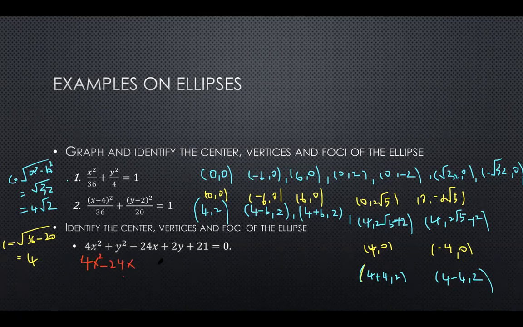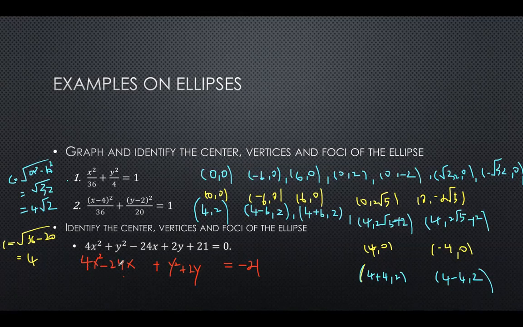So you have the x term here plus y squared plus 2y here, and you have minus 21 on the other side. Okay.